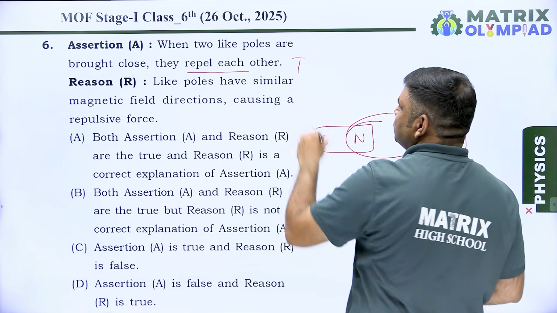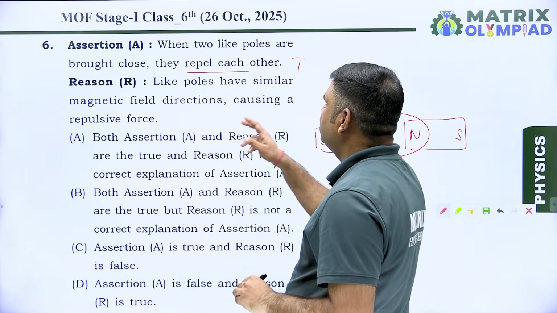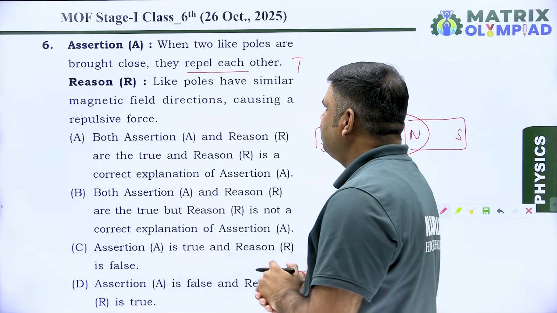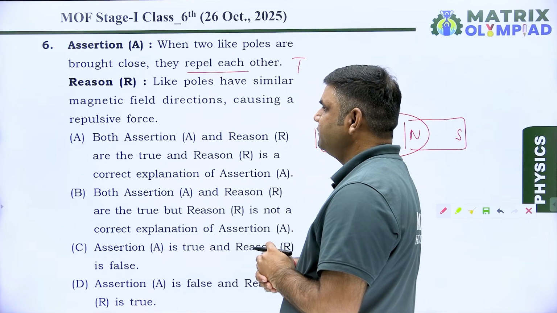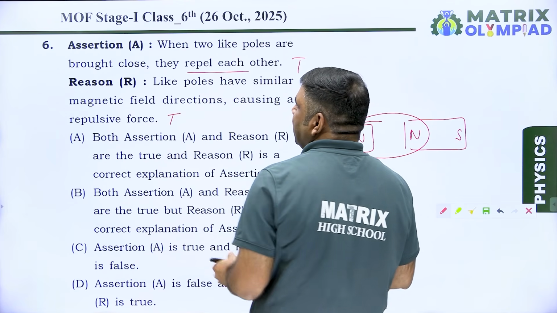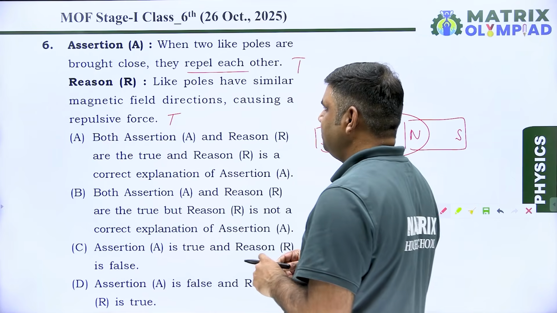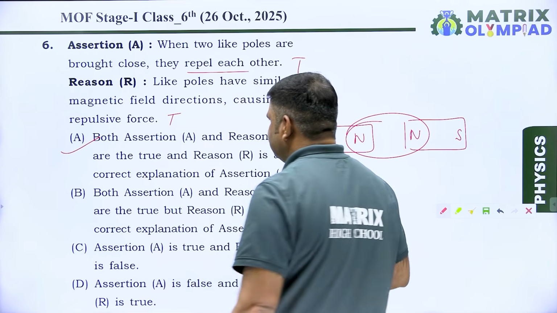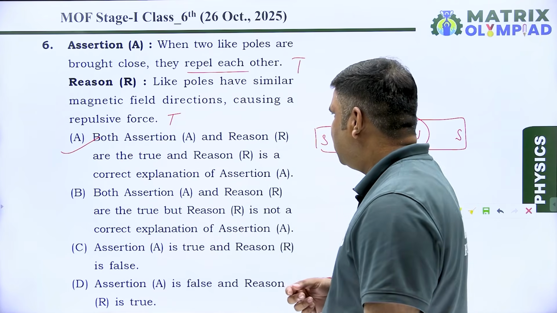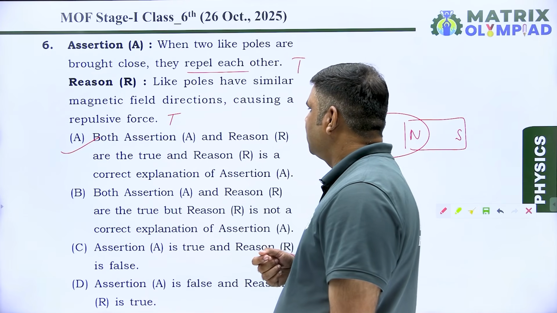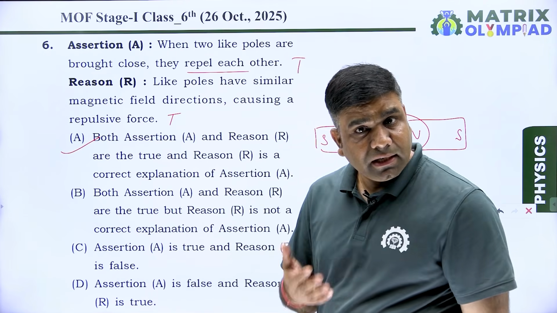So the assertion is true. Reason, like poles have similar magnetic field directions causing a repulsive force. Yes, true. And the reason is a correct explanation of the assertion. So our correct answer will be A. Both assertion and reason are true and R is a correct explanation of assertion A.